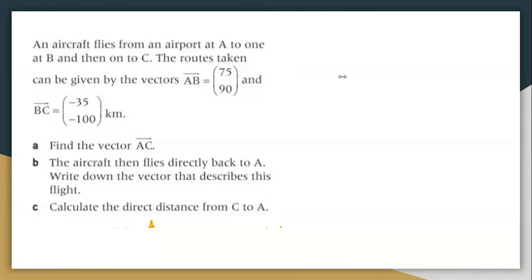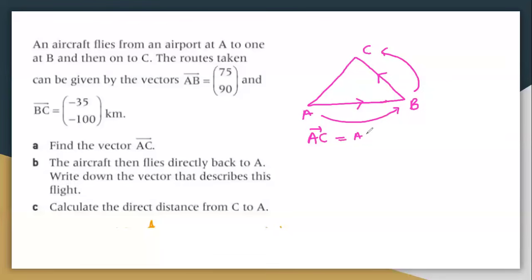Good morning. They are telling us to find the vector SC. In the first position, you have to sketch out our triangle. And then to find SC, you have to run from A to B and B to C. They gave us A to B, it's 75, 90.